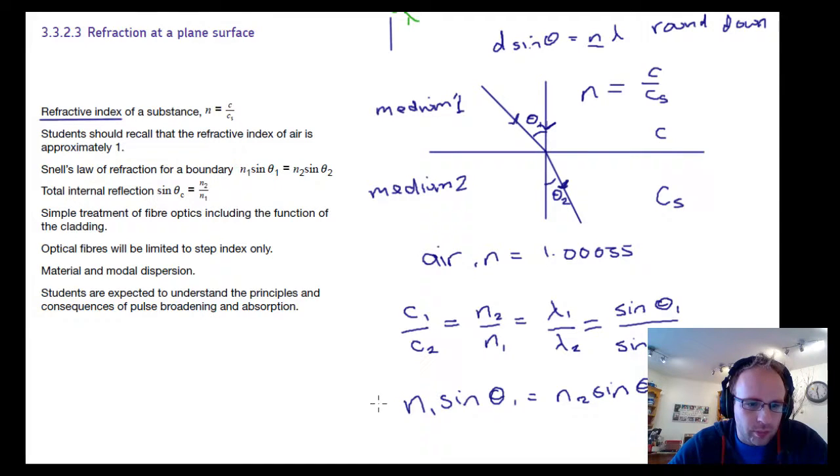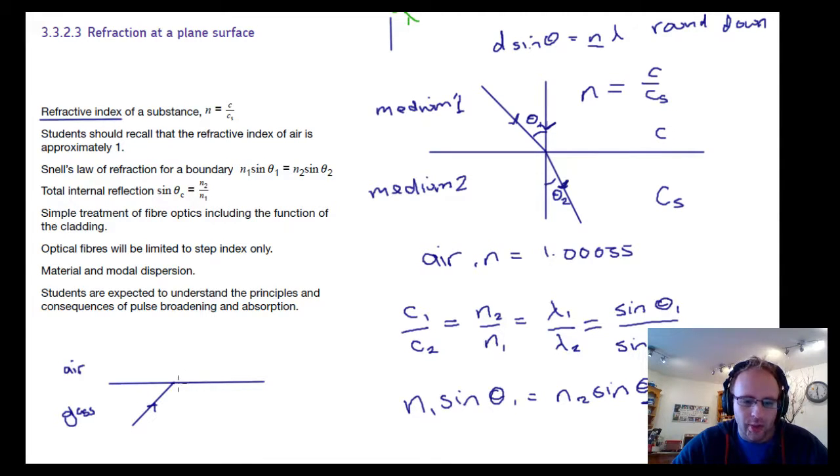Now, what if my angle of refraction equaled 90 degrees? Okay, so if I'm in a situation where I'm going, let's go glass to air, and my light ray is coming out like this. What if, when it bends away from the normal, it refracts along the border?